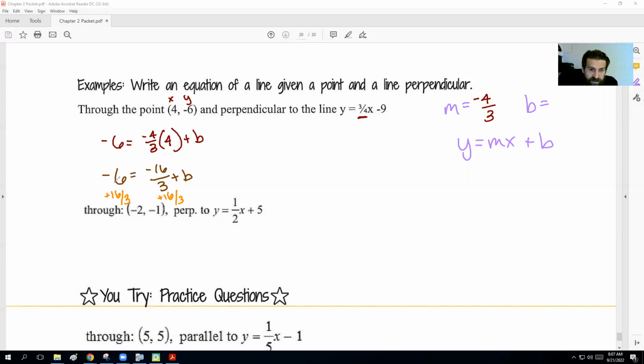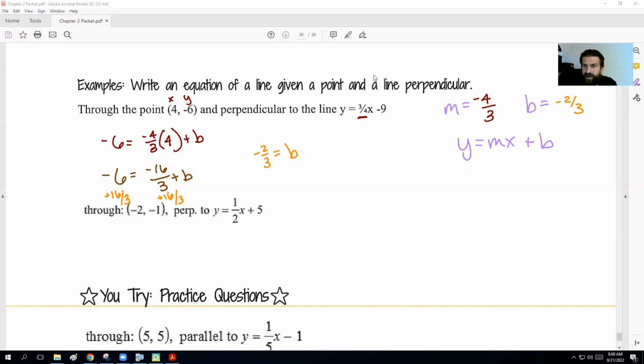All right, we're going to add that over. It's still going to be negative. Got to use the calculator this morning. All right, so negative 6 plus 16 divided by 3 is negative 0.66666 or negative 2/3.